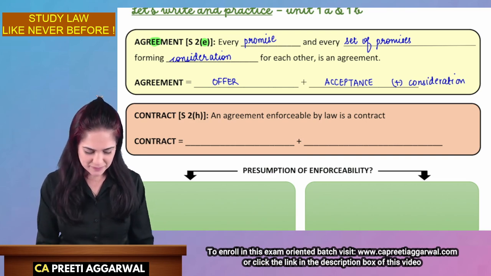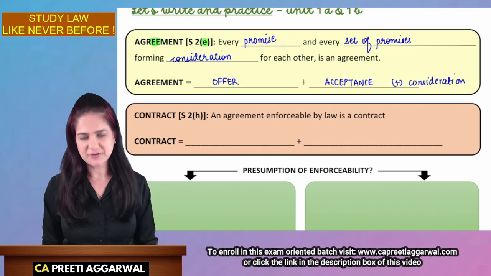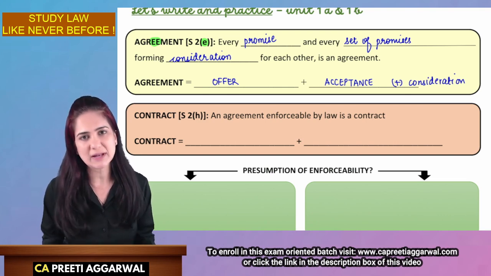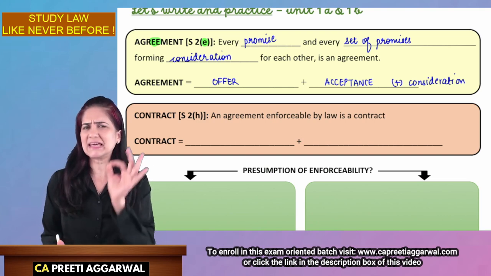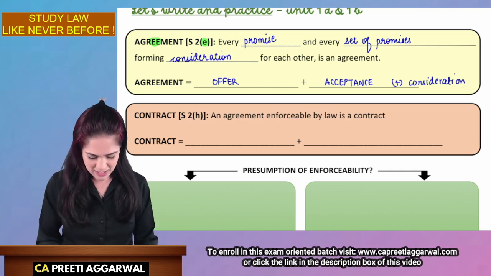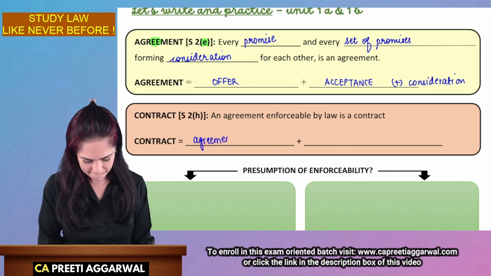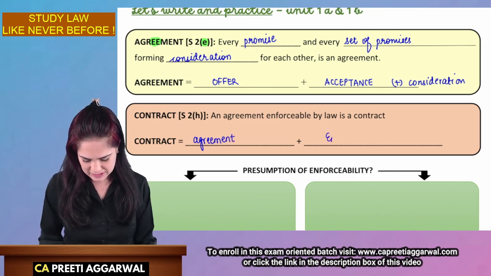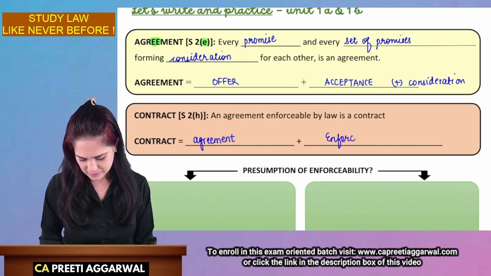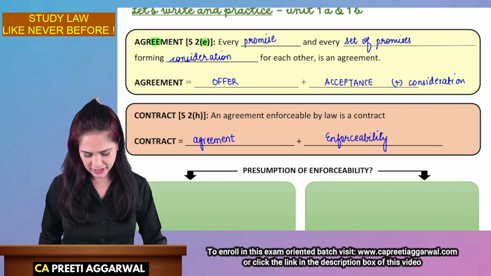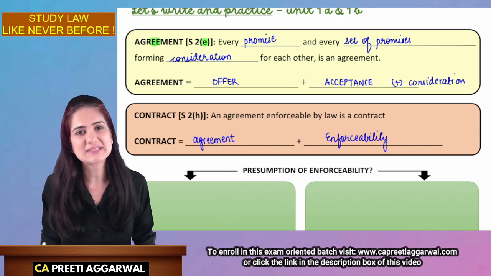Okay, come on. How will you define a contract? An agreement enforceable by law is a contract. What is the easy way to remember it? Contract is agreement plus enforceability. Contract is agreement plus enforceability.